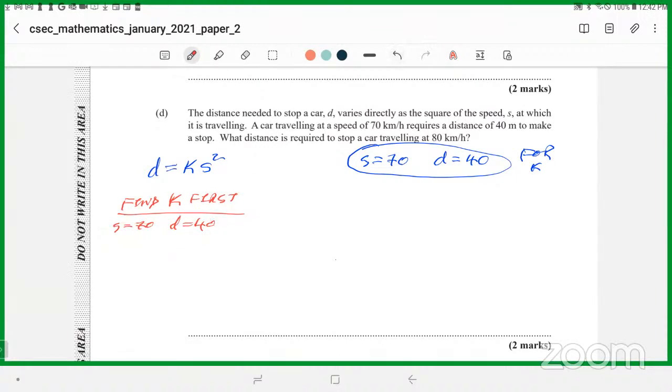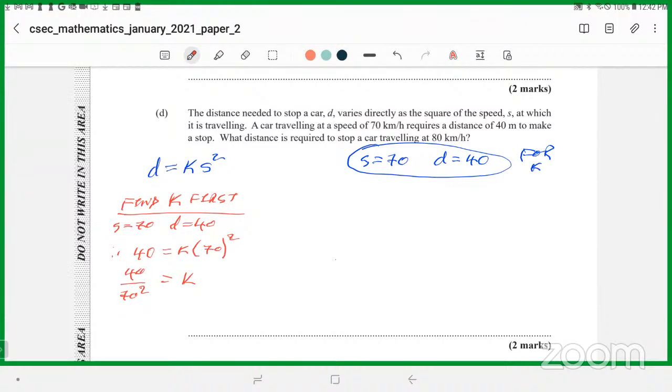So we can say therefore 40, which is D, is equal to K times 70 squared. I'm going to divide by 70 squared. So K is going to be 40 over 70 squared.